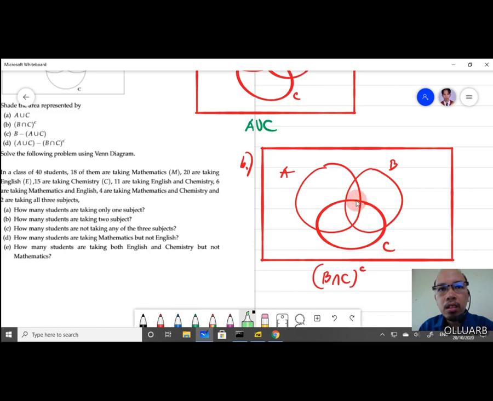Okay, so get the complement, meaning outside. Okay, so outside, so this.